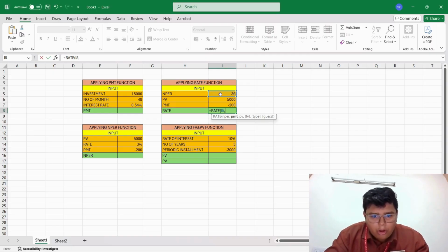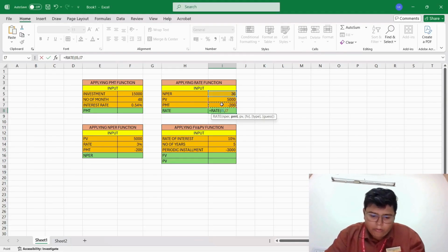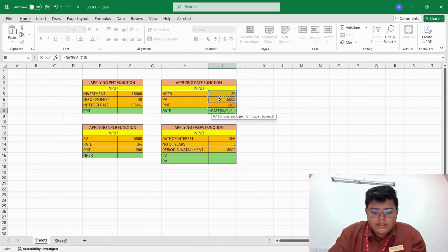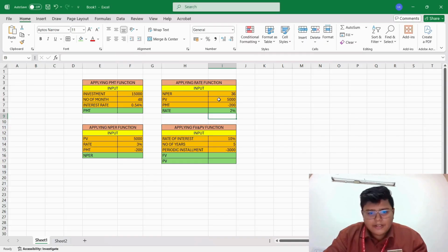PMT means how much amount we are going to pay per period, so it is minus 200. Then the present value, which is the present value of the loan. By this we can find the rate per period. It is 2%.